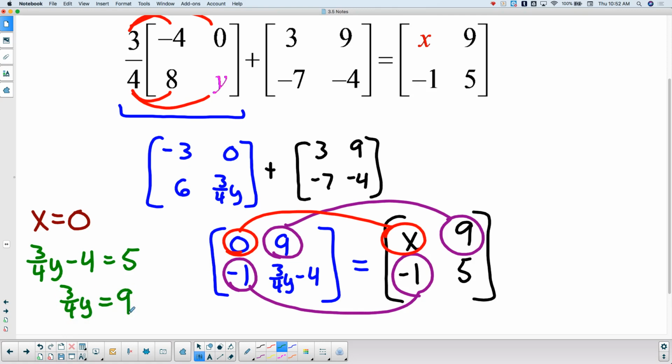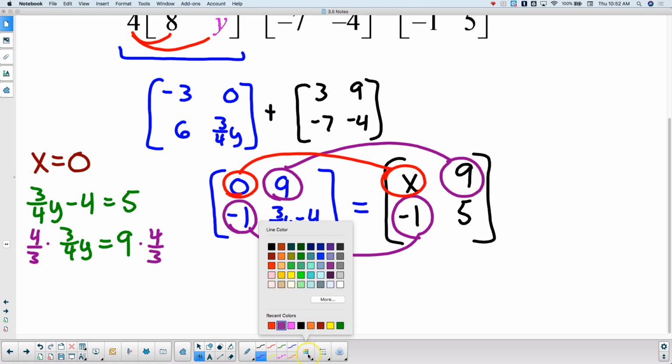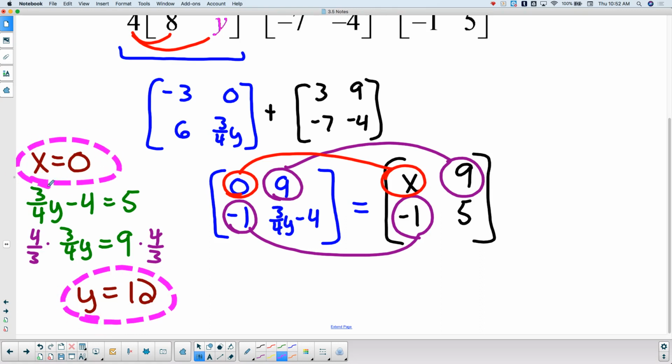So that's multiply here by 4/3. 9 times 4 is 36, divided by 3 is 12. So y is equal to 12. Okay. One way.